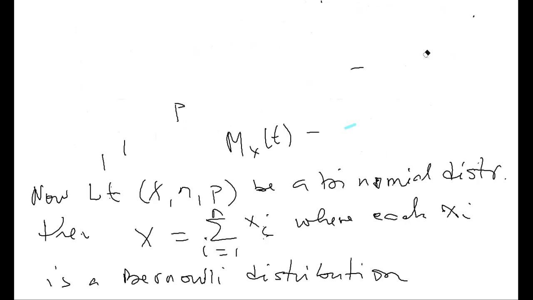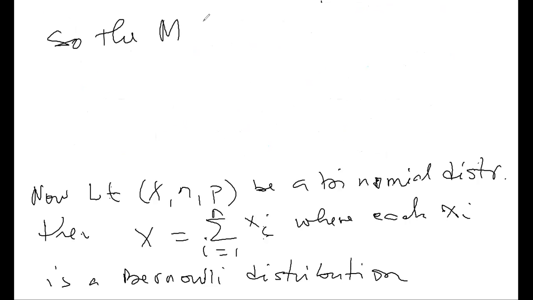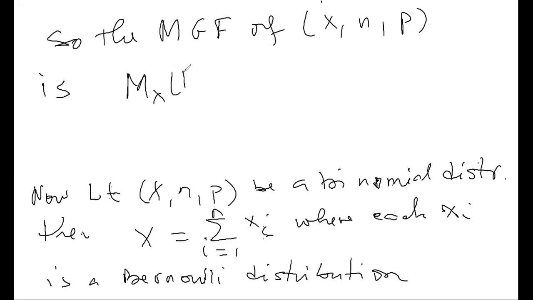So that takes care of the moment generating function of the binomial distribution. The moment generating function of x, M_X of t, equals (q plus e^t) raised to power n.